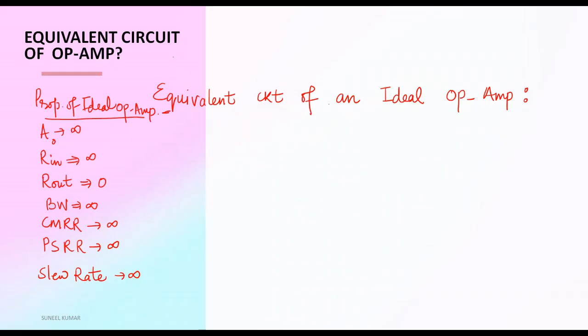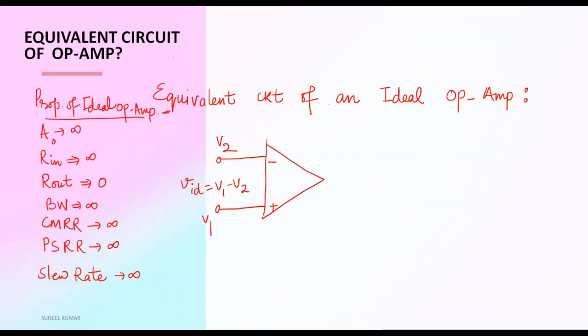So here we have input resistance as infinite. So we can simply make this op-amp as: this is the inverting terminal, this one is the non-inverting terminal, and this is the difference, that is V1 minus V2. This terminal voltage is V1, this is V2.